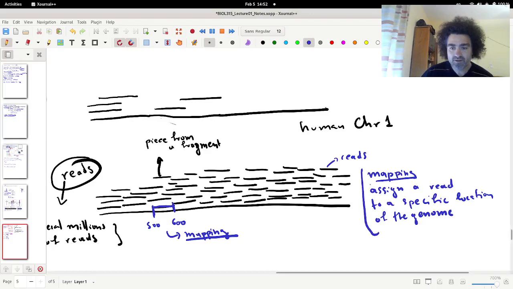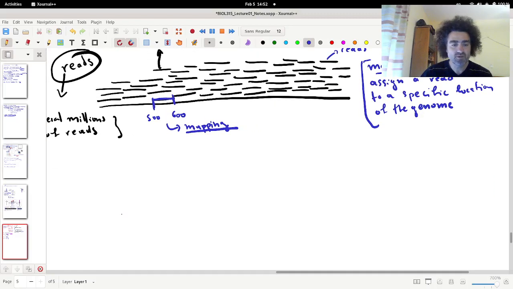Of course, you understand here that in order to do the mapping, I must have the genome. So for human genome, this is easy because we have what we call a reference genome here.